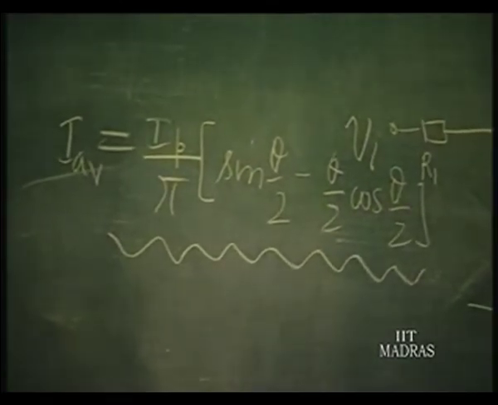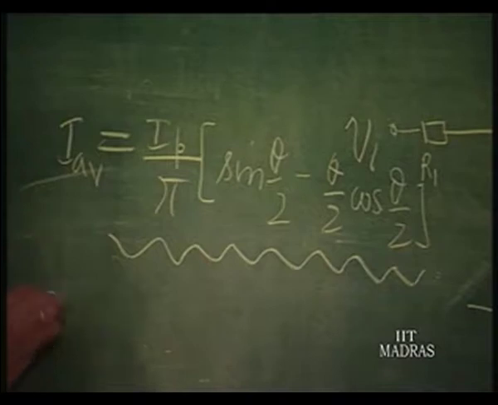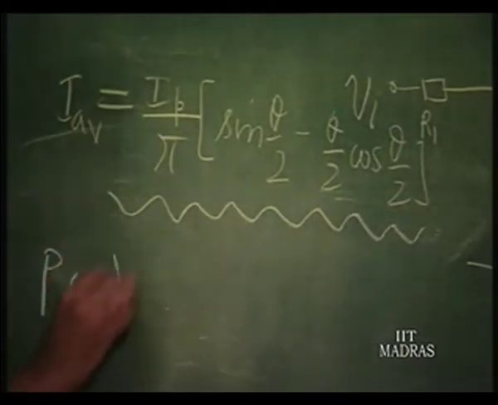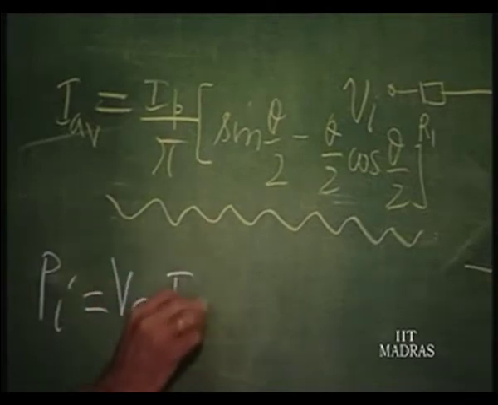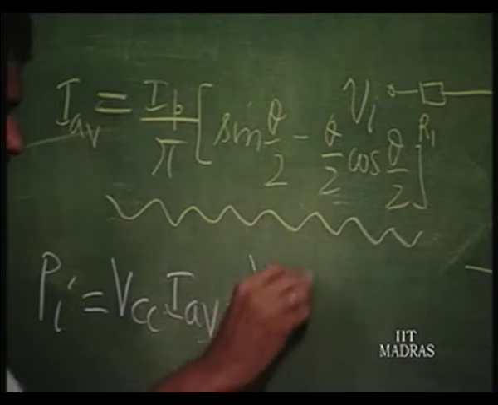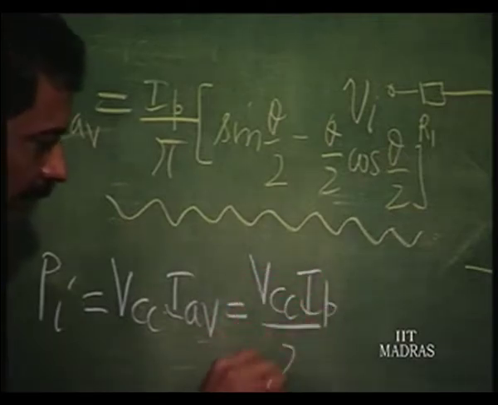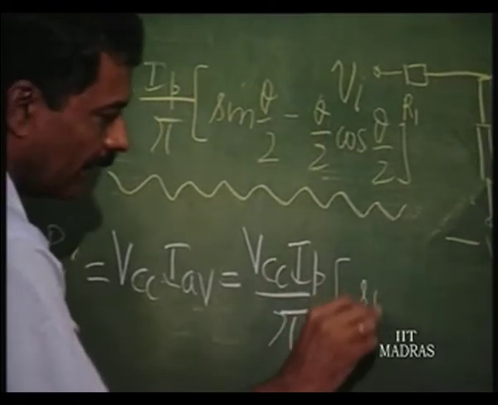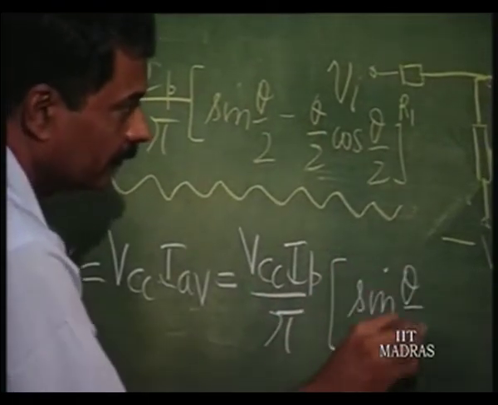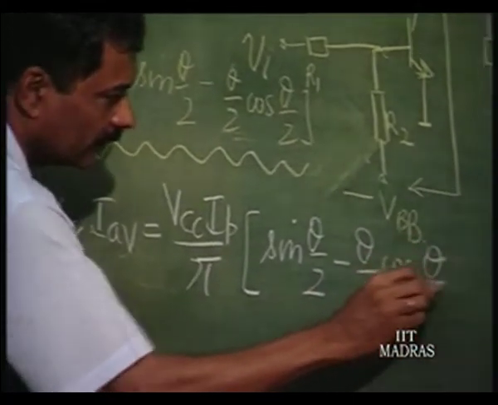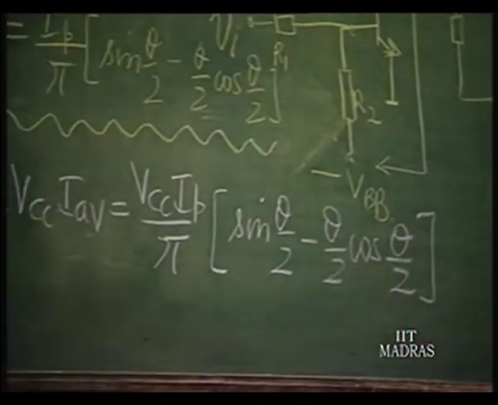This is I average, that means P input, power input, which is nothing but VCC into I average, therefore, equals VCC I p by pi, okay, sin theta by 2 minus theta by 2 cos theta by 2.